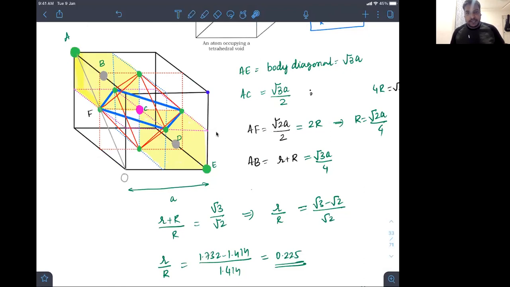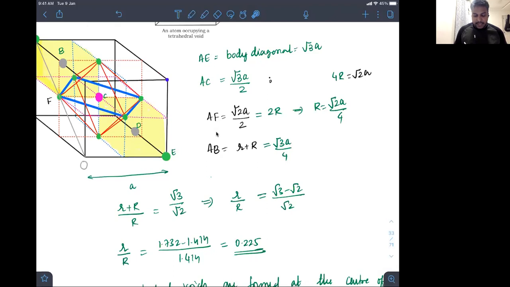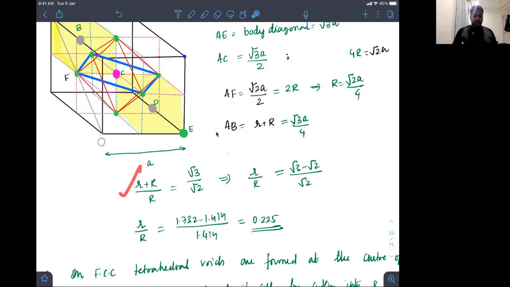AB plus BC is equal to AC, and AB is equal to BC, which means this entire distance will be half of the distance AC. So R plus r will be equal to root 3a by 2, which is AC by 2. So that's why it is root 3a by 4. We got R plus r in terms of a. So if we divide both of them, we will get root 3 by root 2. And on solving, we will get 0.225.